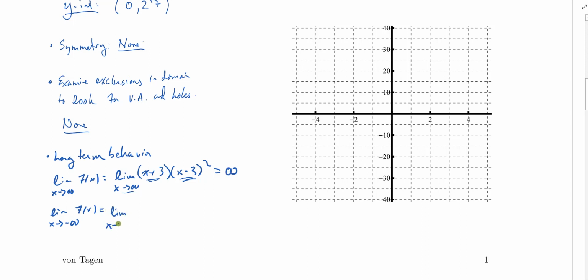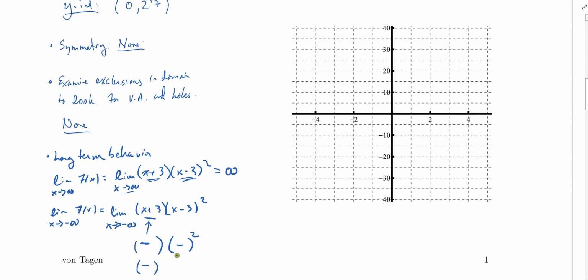But if we approach negative infinity, let's see what happens there. So we're taking the limit now as x approaches negative infinity of that factored function. If I put a large negative number into this factor, that becomes a negative factor. And if I plug a large negative number for x into this factor, we would get a negative number, but then we square it.